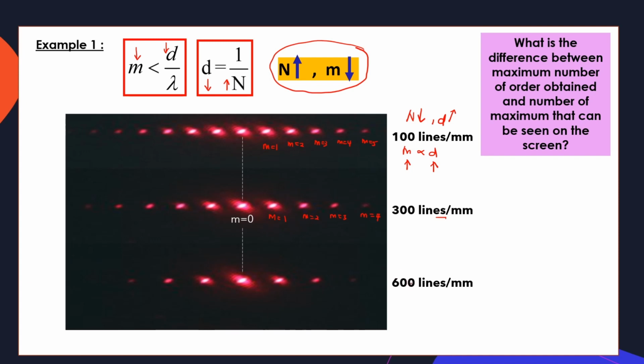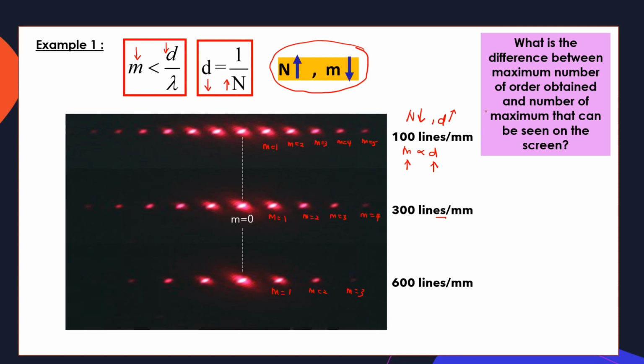And the last one, when we increase to N equal to 600 lines per millimeter, here we can observe up to the 3rd order only. This is the relationship that you must know, because this is very important.